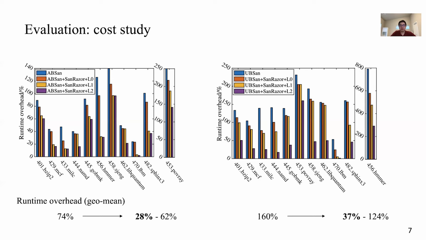Also, it can reduce the runtime overhead of UndefinedBehaviorSanitizer from 160% to the range between 37% and 124%, depending on which schemes we use. Notably, for L2 scheme, it achieves a geomean runtime overhead of only 28% for AddressSanitizer and 37% runtime overhead for UndefinedBehaviorSanitizer.